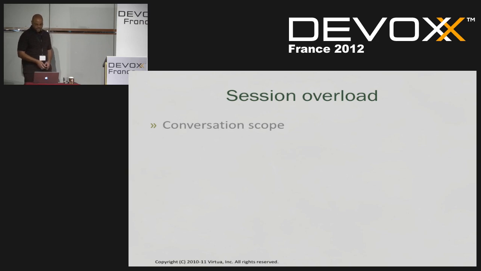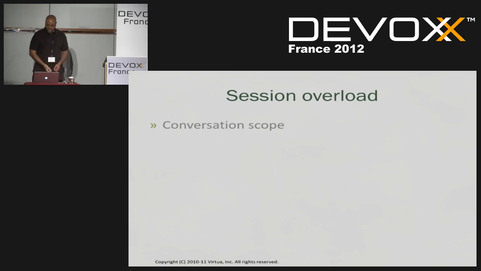You can also use the conversation scope. How many people here are using some sort of conversation scope? All right, so a few of you. Are you using Spring or CDI, or who's using Spring for the conversation scope? Seam? Okay. CDI? Okay. All right.